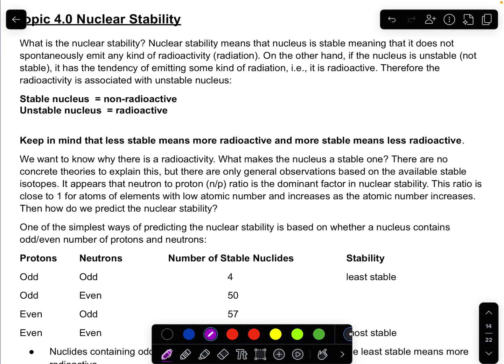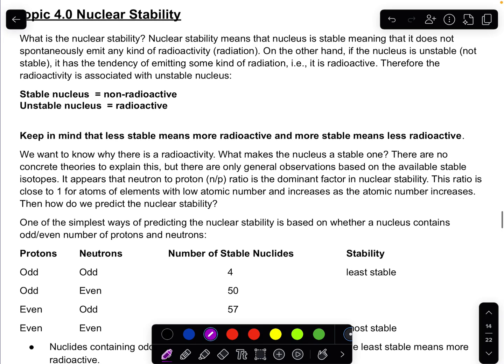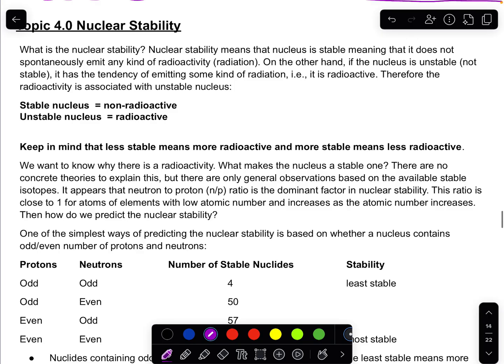So topic 4, we are going to talk about nuclear stability. What is nuclear stability? We know that the nucleus is a very small region which packs a lot of positive protons and neutral neutrons.